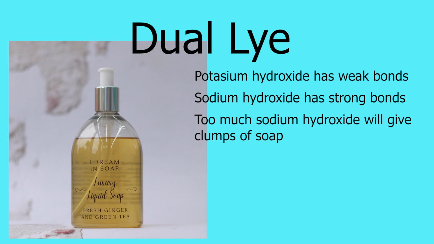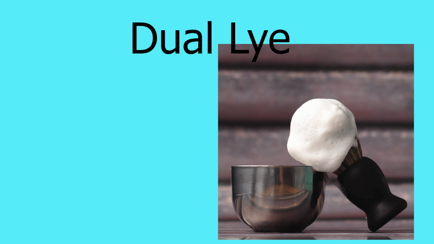And then let's think about this the other way round, about why we would maybe want to put some potassium hydroxide into a solid soap, like a shave bar. Again, think about what we're trying to do. We're trying to take those solid properties and get a good reaction. With a shaving soap, you want it to foam up really quickly.